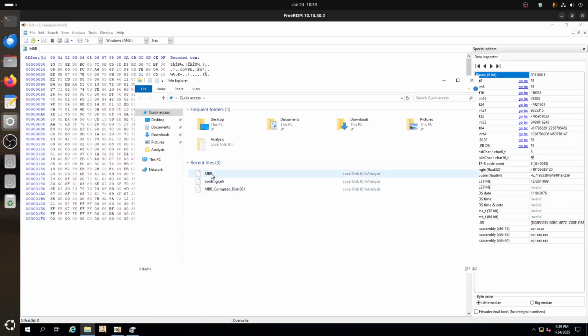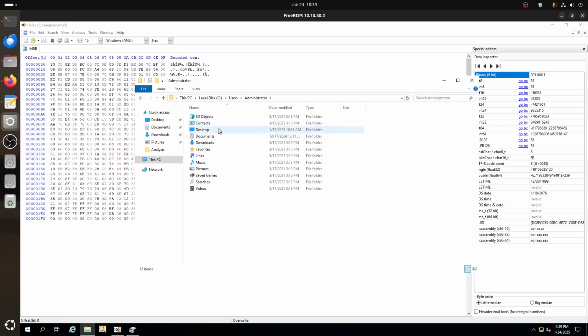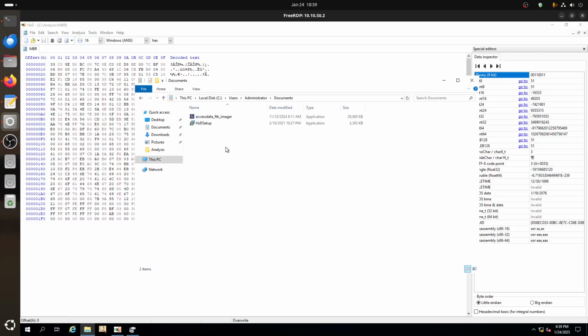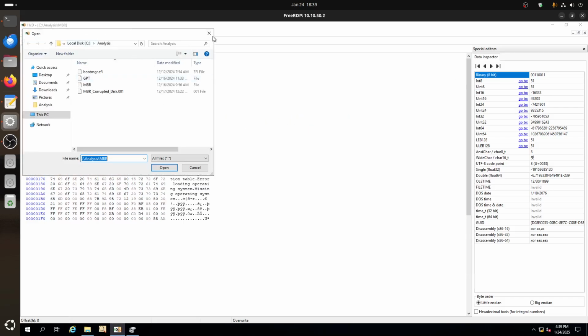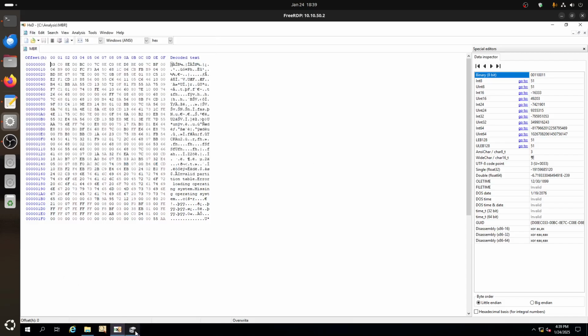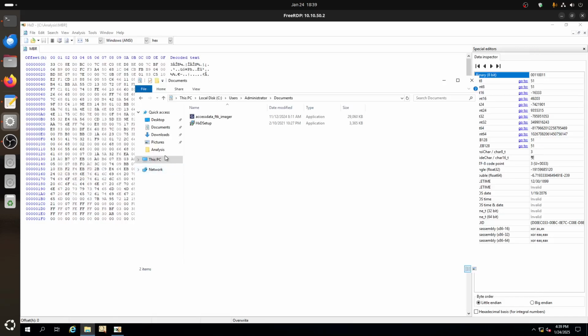If you look at the size of the file, some people usually ask, where is that file? Where did we open it from? Local disk, analysis. Okay, close this so we don't slow the machine.